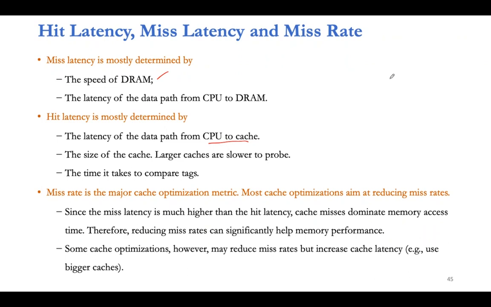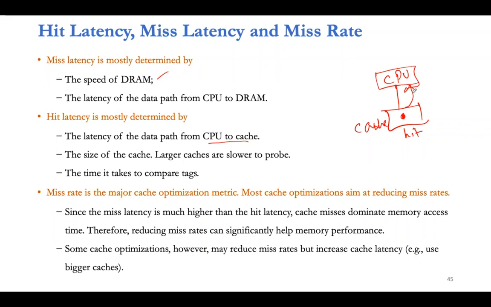As we have seen, the CPU requests the data from the cache line in the cache. If the data is there, then it is simply a hit, and the cache will immediately respond and load it to the CPU.